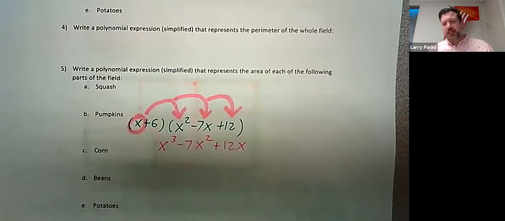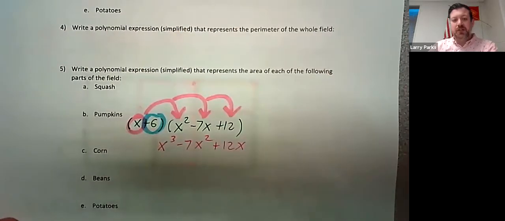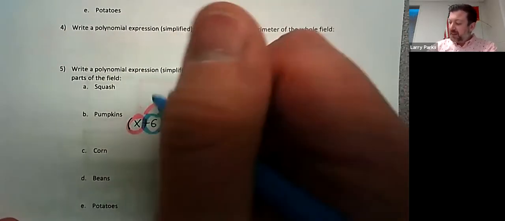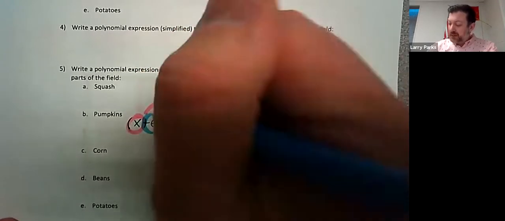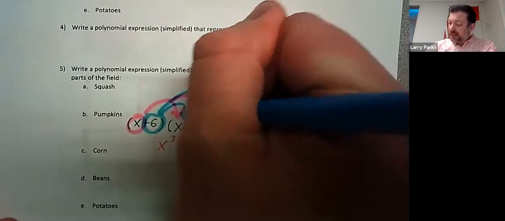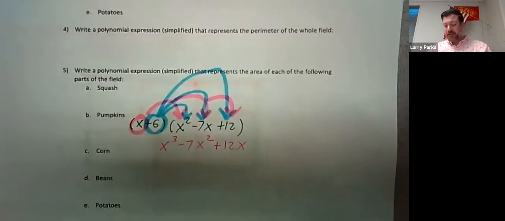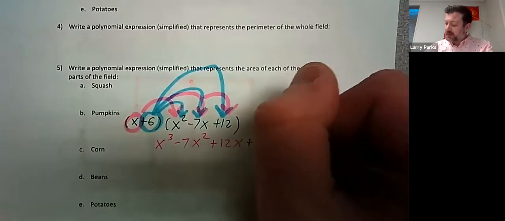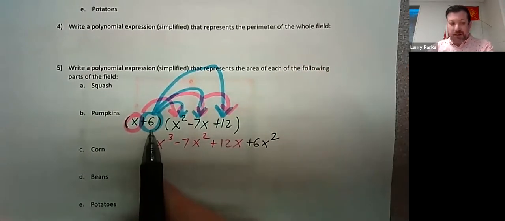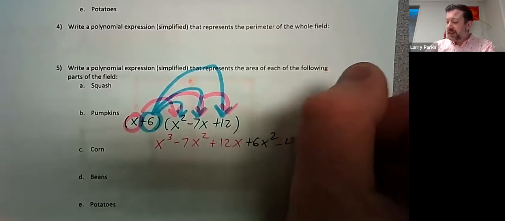You then move to the next term, the 6, and you distribute that to all three. So you're going to go 6 times x squared, 6 times negative 7x, 6 times 12. Doing the math there, that'd be 6x squared. That is a plus, okay. 6 times negative 7 is negative 42x.